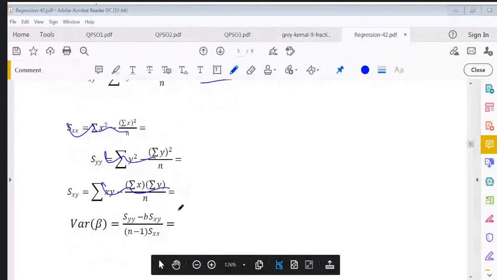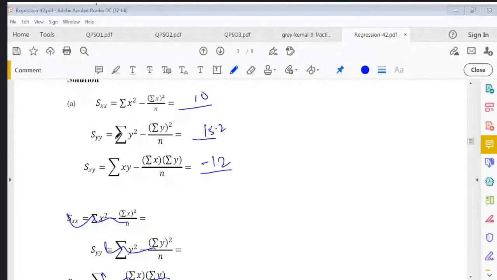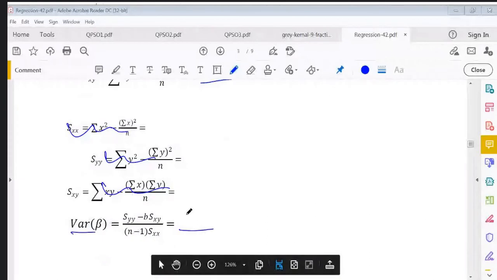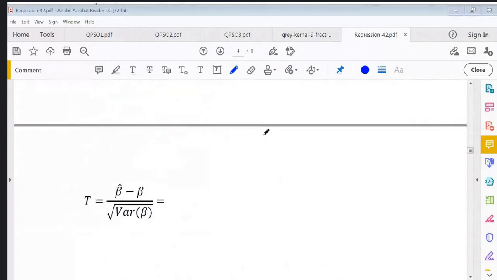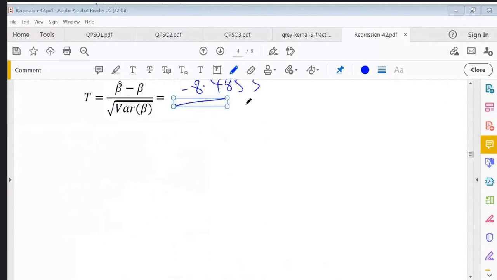What is the value of T? Okay, negative 8.4853. After that, we just make the conclusion.